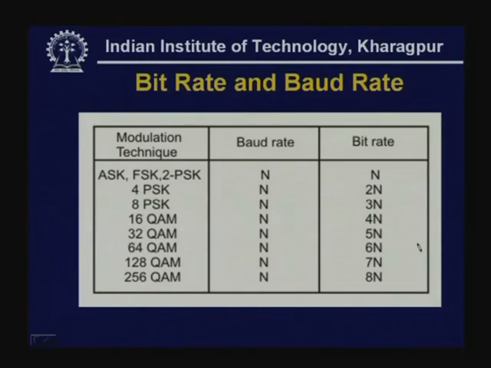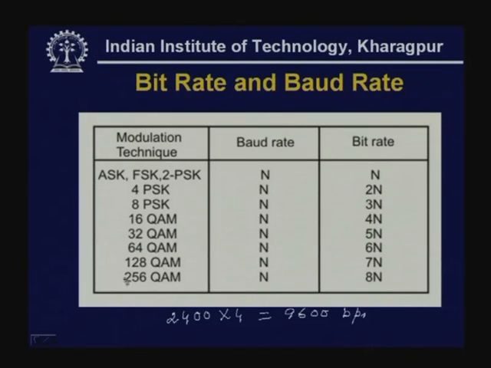Let us now go back to the previous table. So, if we use 16 QAM, then the data rate can be 4n. That means with the bandwidth of the channel being 2400, into 4, we get 9600 bits per second. So, you see by using 16 QAM, the data rate possible for transmission using modem is 9600 bits per second.